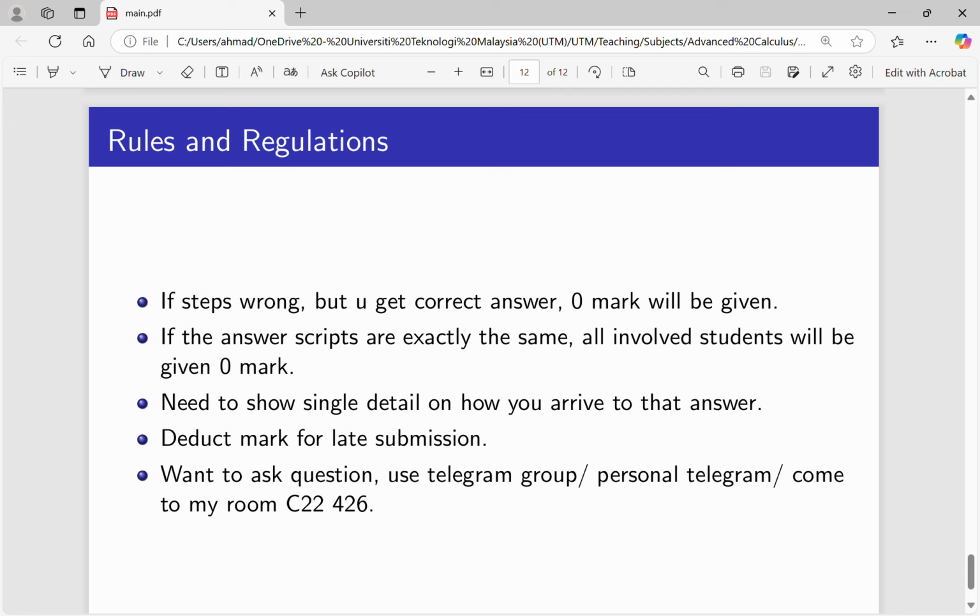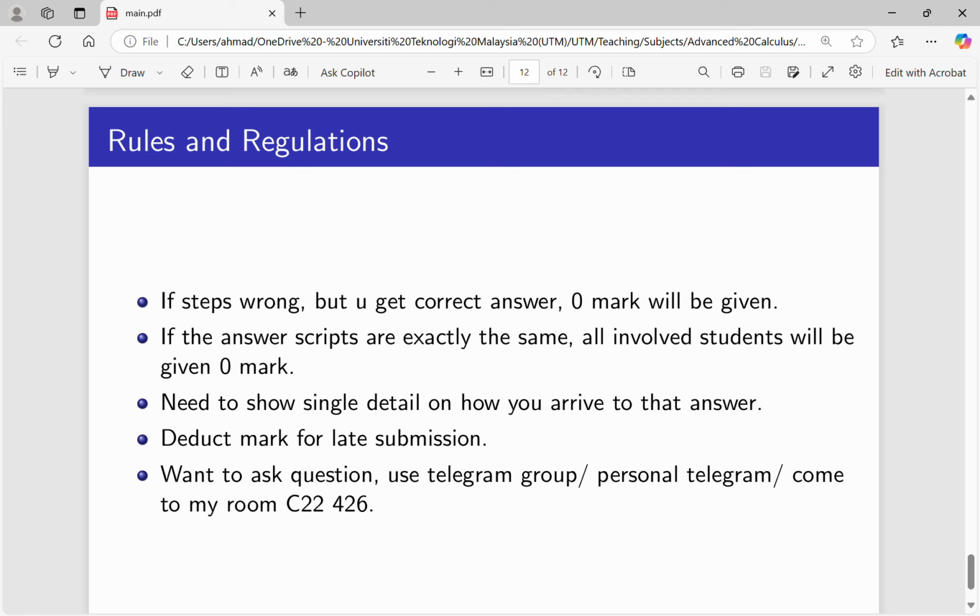Next, you need to show every single detail of how you arrive at the answer. You cannot complain to me if I deduct some marks in your test 1, test 2 or the final if your steps are not clear. In this subject, it is a must that you understand all the steps.